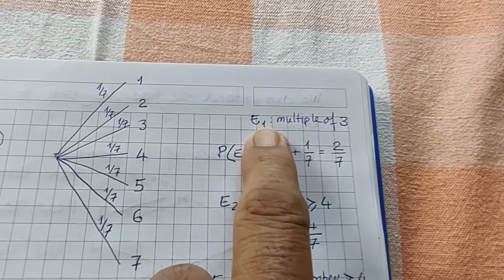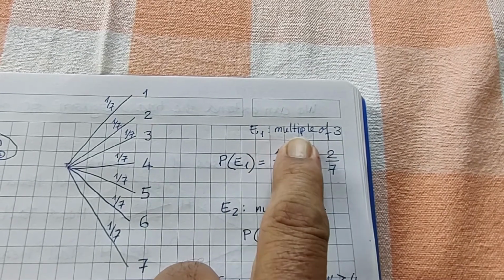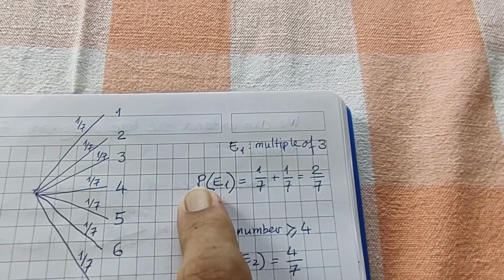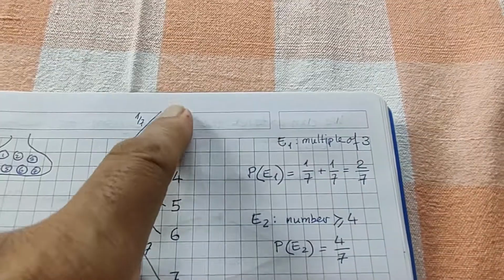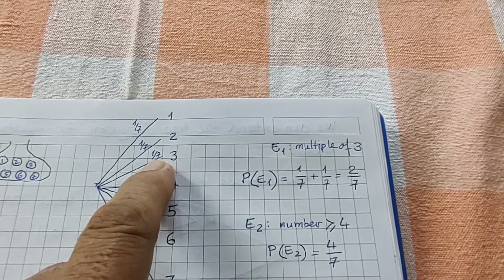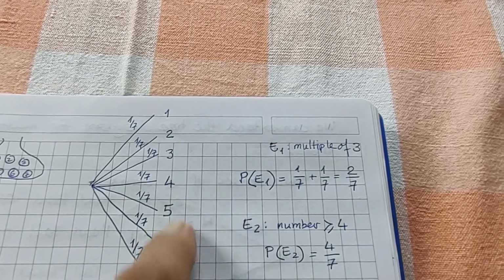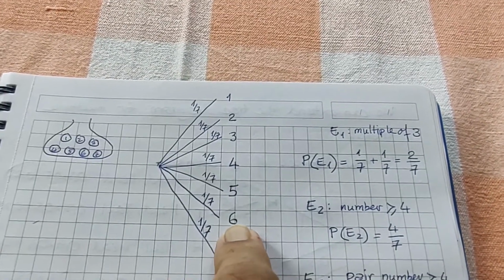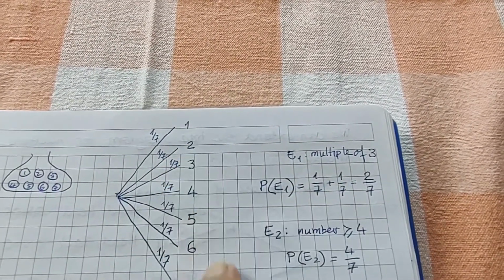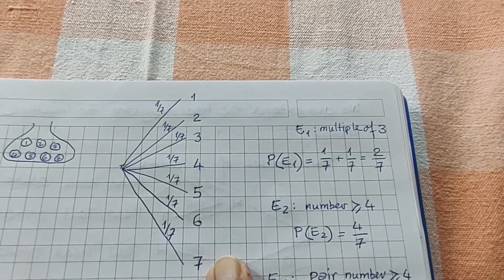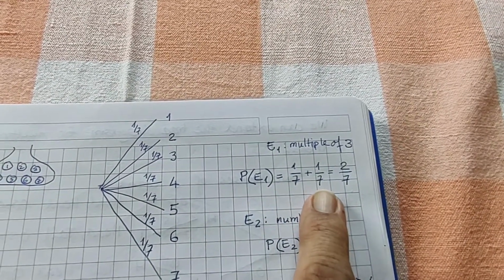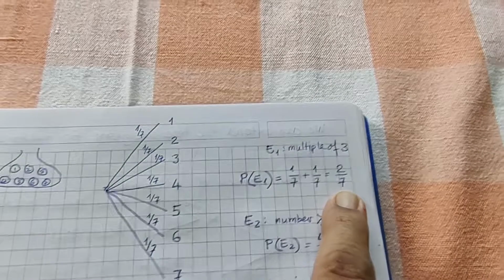So let's say E1 is satisfied when I get an outcome which is a multiple of 3. Then probability of E1, so how many are multiples of 3? This outcome, 3, is a multiple of 3, so I take its probability 1/7 and I write it there. 6 is also a multiple of 3, so I take that one's probability 1/7 and I write it there, and there are no other outcomes that are multiples of 3, so the probability of E1 is 1/7 plus 1/7, which is equal to 2/7.